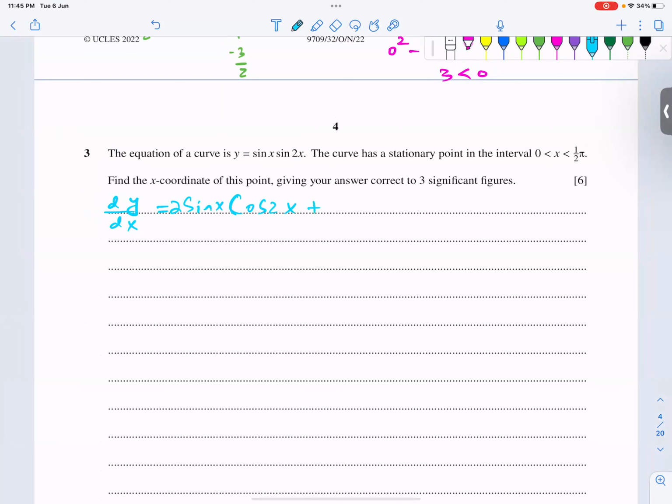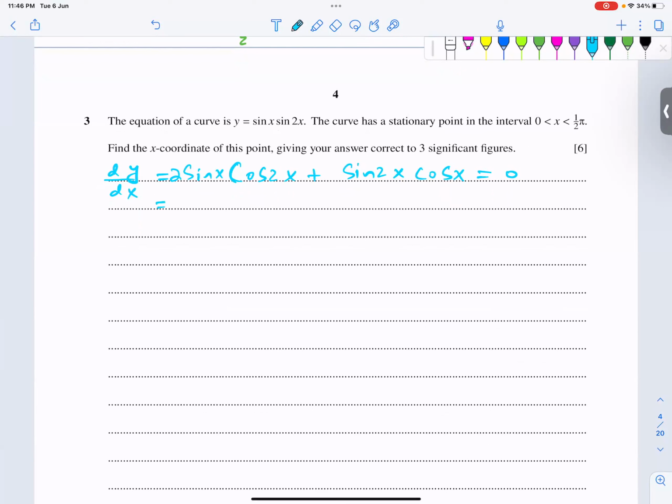Then plus sine 2x as it is, and derivative of sine x, which is just cos x. So this is the product rule for this function. Now put this derivative equal to 0 to find the stationary point or the x coordinate of this point.